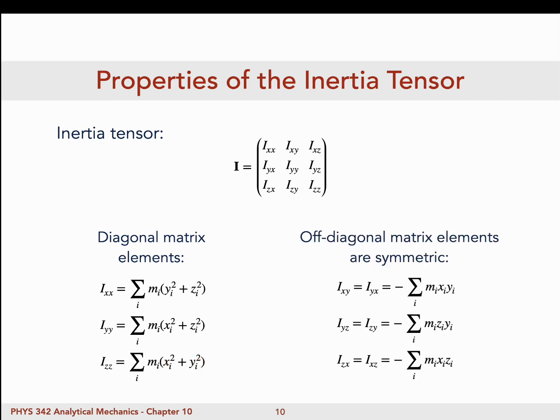The off-diagonal elements are symmetric, so I_xy is equal to I_yx, I_xz is equal to I_zx, and I_yz is equal to I_zy. So what this means is that even though there are 9 elements of our inertia tensor, there are only 6 independent ones. So there's really only 6 calculations that you need to do to calculate all the elements, because the elements below the diagonal are just equal to the ones above the diagonal.